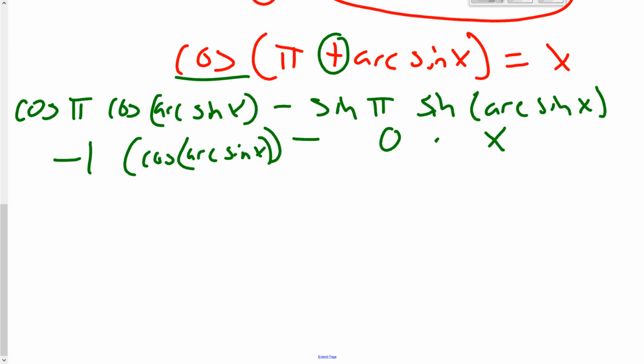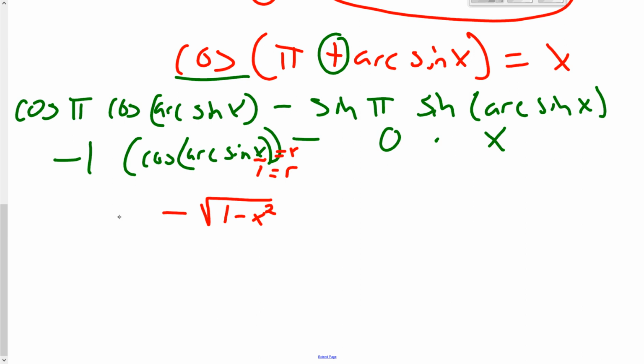You put x over 1; that 1 would be our r, and this is our x. We can solve using the Pythagorean theorem. So cosine is the square root of 1 minus x squared.